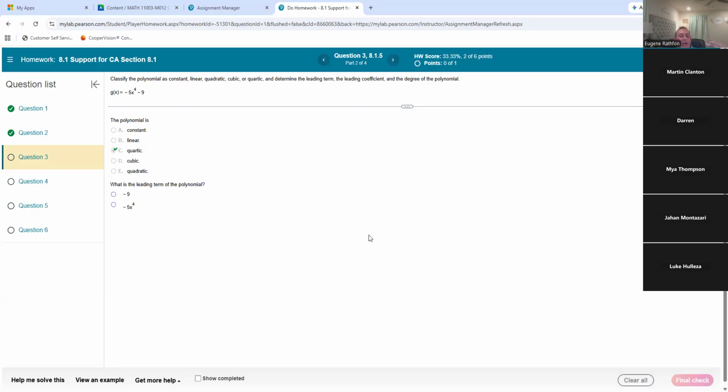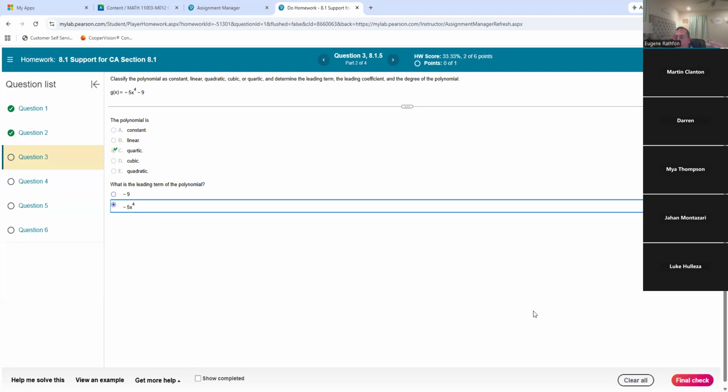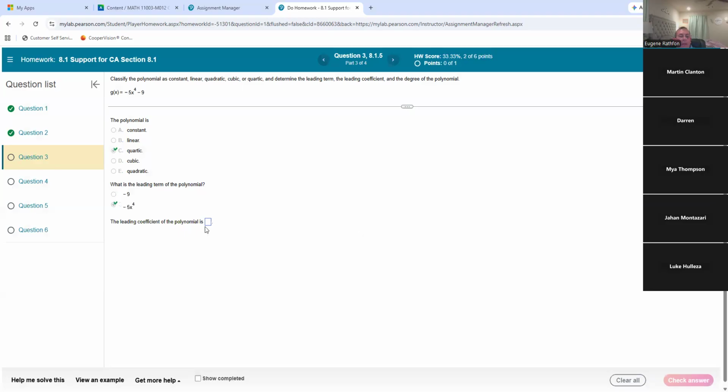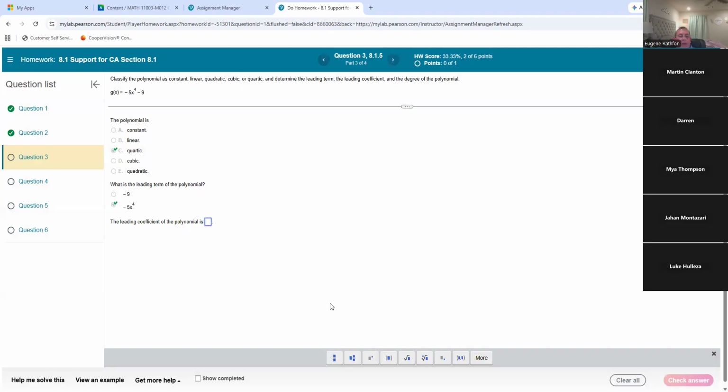What's the leading term? The first one or the second one? The negative 9 or the other one, the negative 5x to the fourth? So y'all, if you don't want to punch the exponent, just do it like that, do negative 5. So that'd be the leading term. All righty. The leading coefficient, what are y'all putting there?